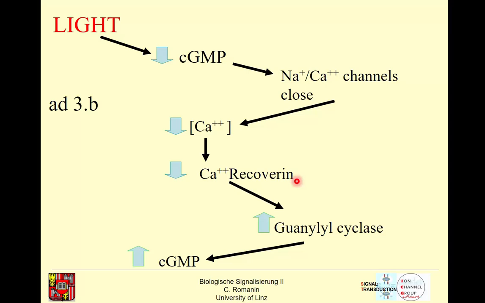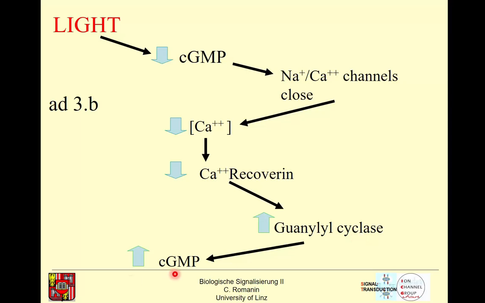And the main point, and you might think the mechanism must work quite simply, is that apo-recoverin, meaning recoverin in the absence of calcium, interacts with the guanylyl cyclase, or guanylate cyclase, and guanylate cyclase is the enzyme which produces cyclic GMP again from GTP.